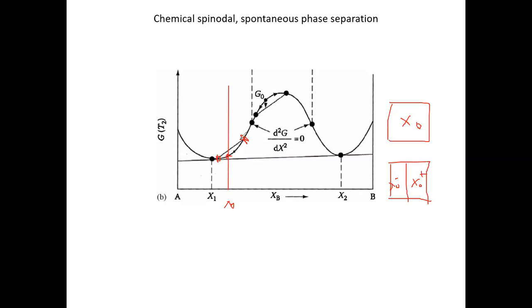But now if I separate into two phases, in quotation marks, my free energy of the system is obtained by first connecting these two points and then getting the intersection right here. Now, following this guide, does this separation increase or decrease the free energy?